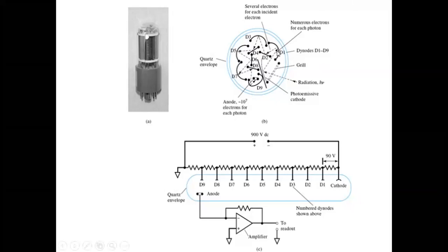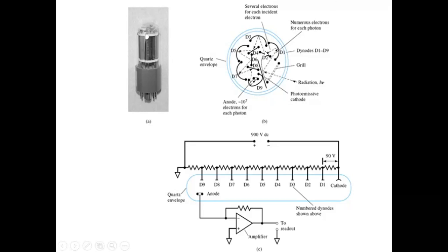It's an amplification. One photon generates several electrons that hit dynode 1. And after those electrons hit dynode 1, they will reflect back to dynode 2 by generating more electrons. That means one electron in dynode 1 will give several electrons to dynode 2.